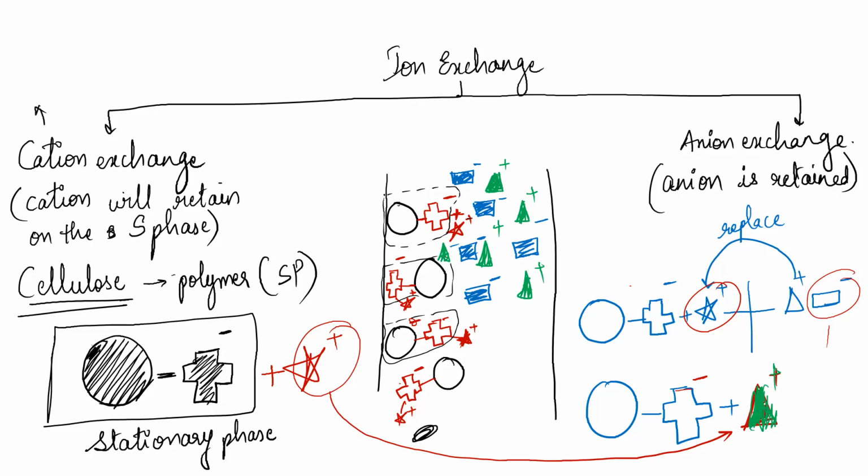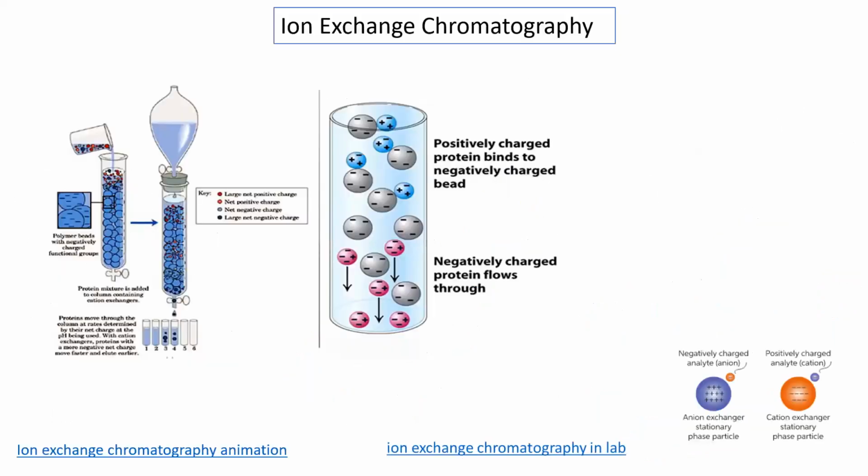Okay, so the same thing you can apply for the anion exchange also. So here this is going to be plus and this is going to be minus in the anion exchange, and this is going to be replaced. So for cation and for anion, vice versa, it happens.